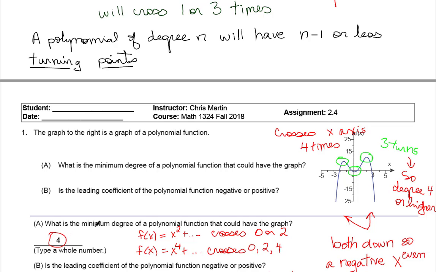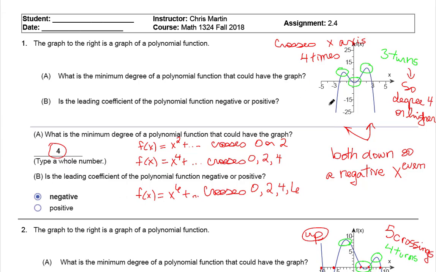And what else could I say? It's also crossing 2 places. We already knew it was even, and we knew it's negative, and so our turnings were 3, so the only degree that fits is 4.